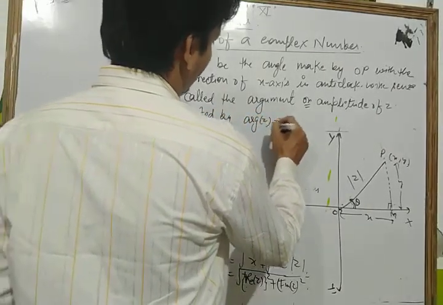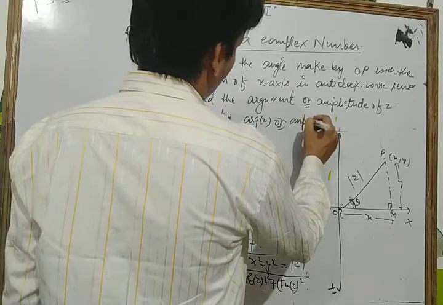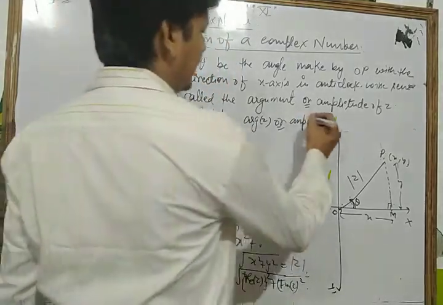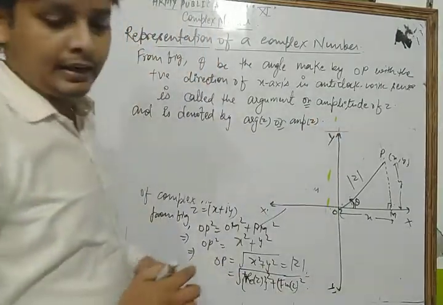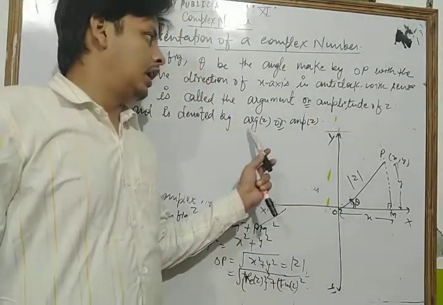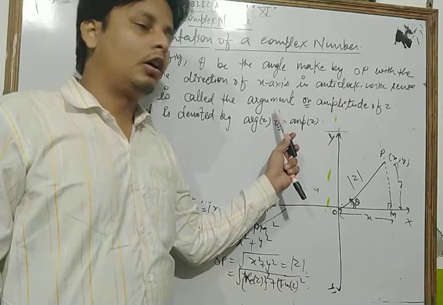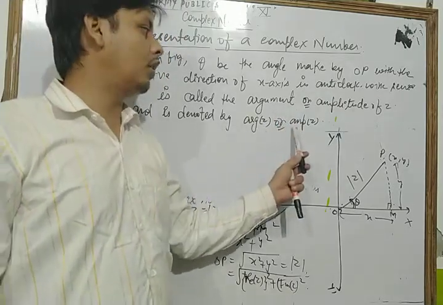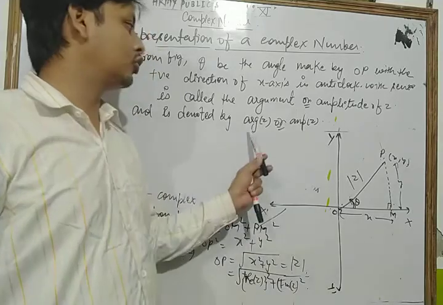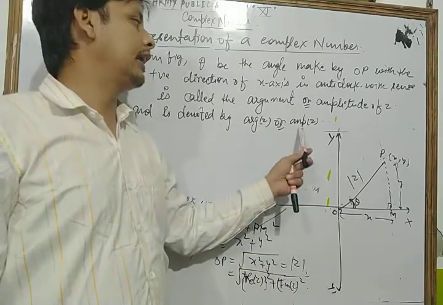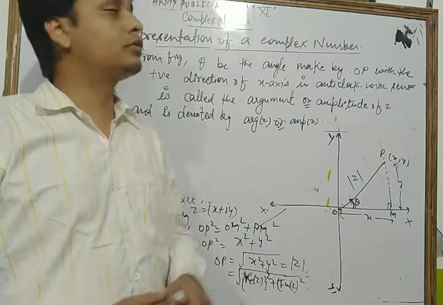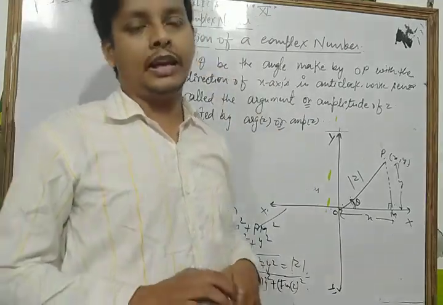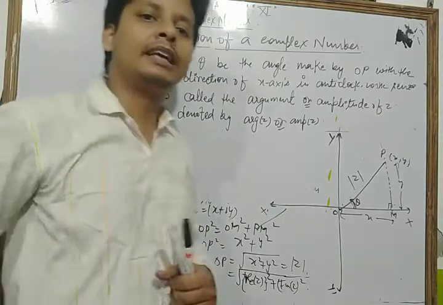It is denoted by arg of z or amp of z, meaning argument of z and or amplitude of z. This is a very important concept of argument of any complex number in its Argand plane.